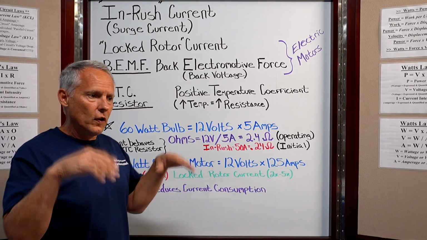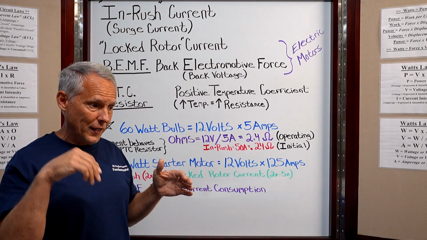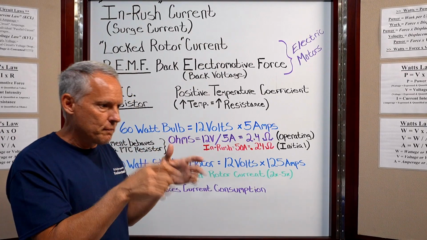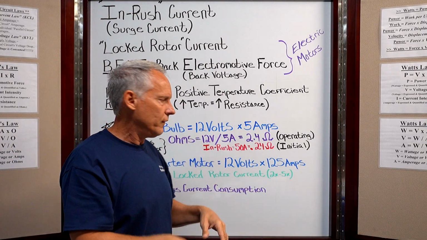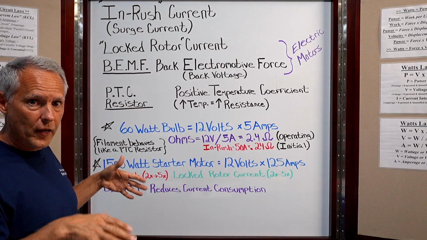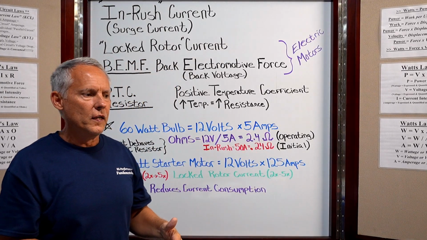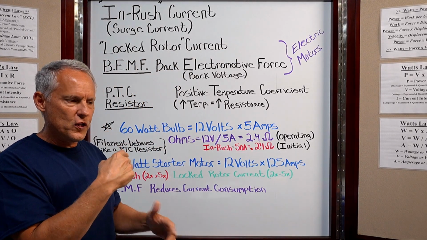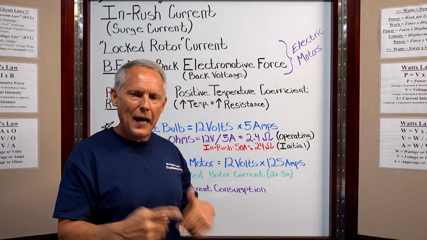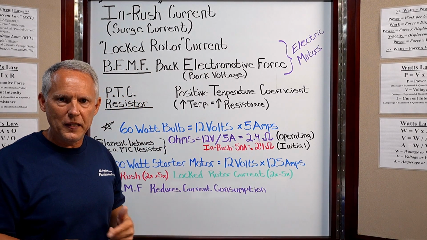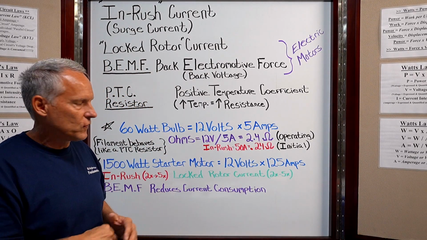So if we have current flowing through the starter motor in order to get it to rotate, we have amperage and voltage flowing through it, which is measured as watts, rotating it, creating enough electrical energy and power to crank the engine over. But now it's spinning at a decent amount of speed, actually quite fast.